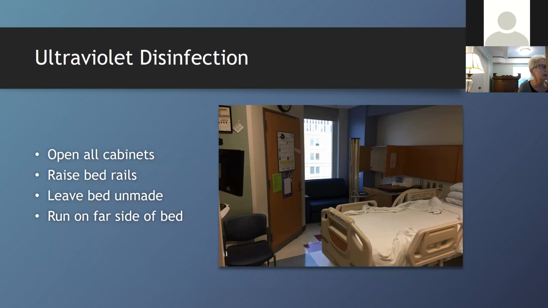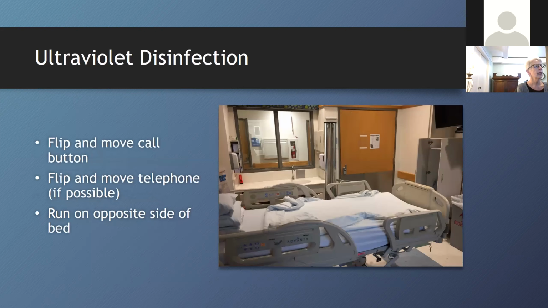So you do raise the bed rails again, so all those surfaces can be in contact with the UV light. And as I mentioned, leave the bed unmade. They do one run, as you can see on the far side of the bed, closest to the window. They position it there first. And then they reposition the light to the other side of the bed.